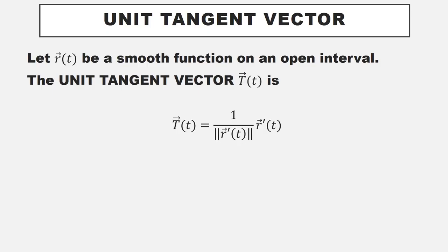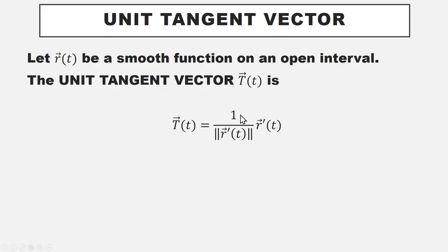So let's let r of t be a smooth function on an open interval. So I can take the derivative. Now, we've seen that the tangent line moves in the direction of r prime of t.